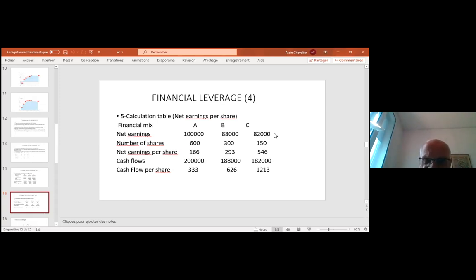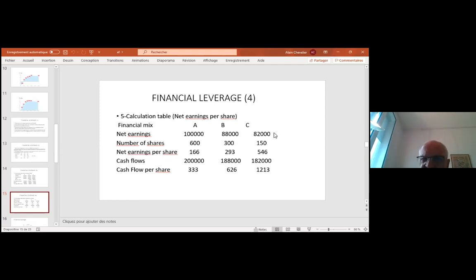For A, 100,000 divided by 600 is 166 euros per share. In the second case, it is 88,000 divided by 300, which is 293. And in the last case, it is 82,000 divided by 150, which is 546.